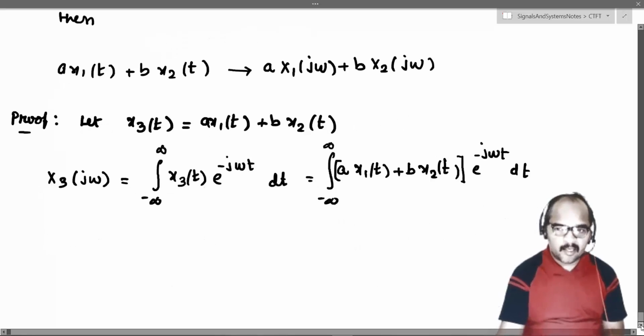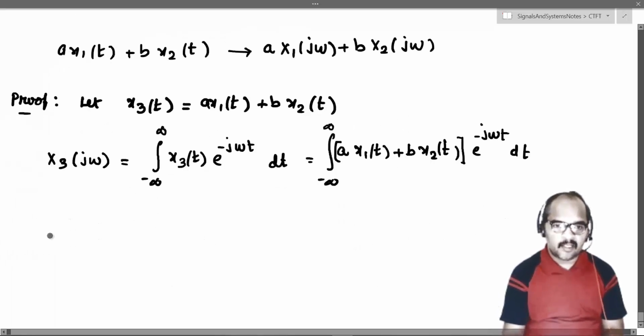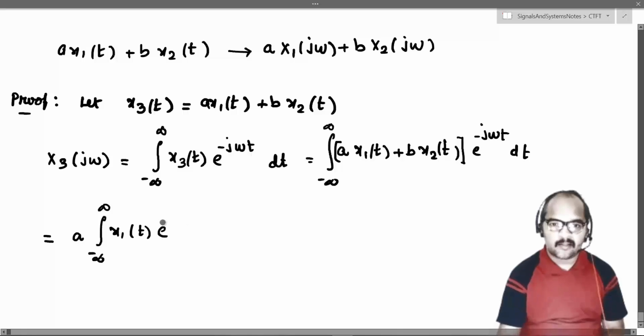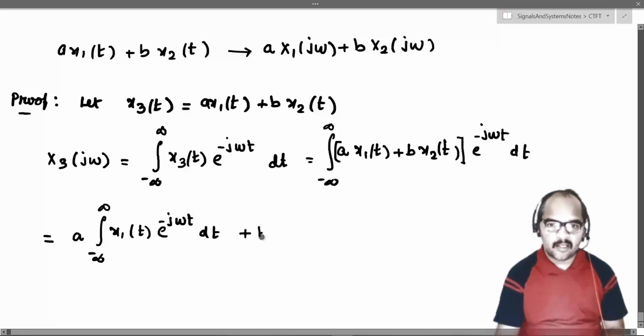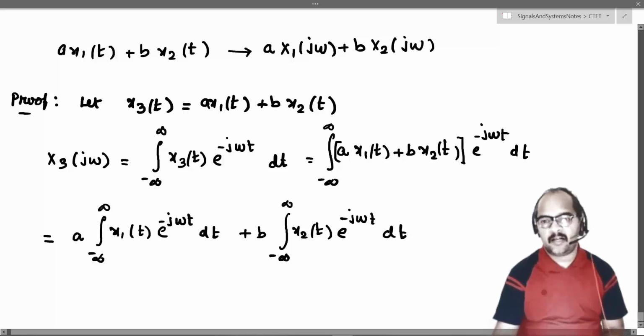Clearly, because the integral operation is linear and a and b are constants, this can be written as a times the integral from minus infinity to infinity of x1 of t e power minus j omega t dt, plus b times the integral from minus infinity to infinity of x2 of t e power minus j omega t dt.